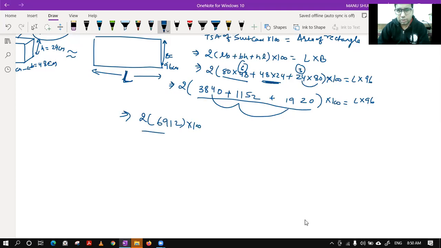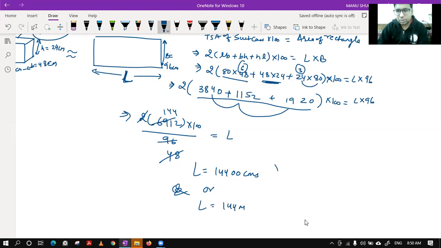Into 100 upon 96 is equal to the length of the tarpaulin cloth. If you solve it, 48 into 144 will give you 6912. So L is equal to 14400 centimeters, or you can say L is equal to 144 meters.